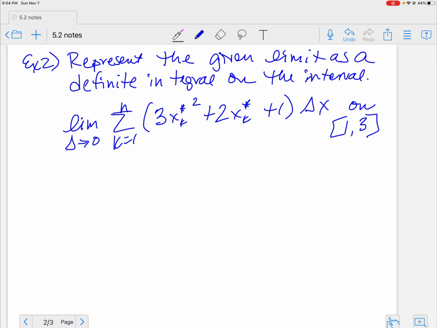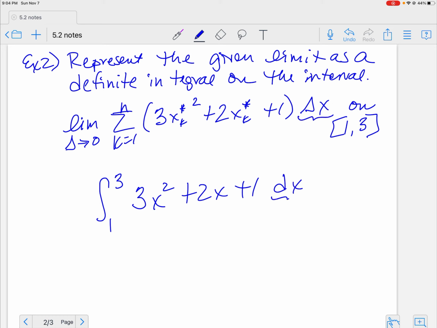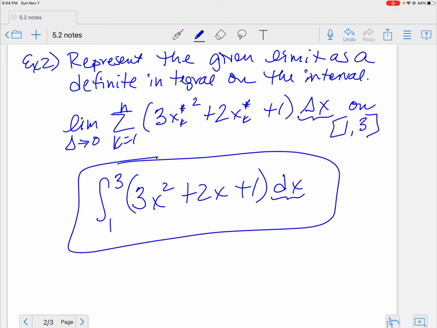So as I integrate, I'm going to go from 1 to 3. I am subbing this into my function, so this is just the x value that we're subbing in for. So I've got 3x squared plus 2x plus 1 dx, because my change in x is going to be my dx. You can put parentheses, you don't have to. We kind of talked about that. Boom, that's it.